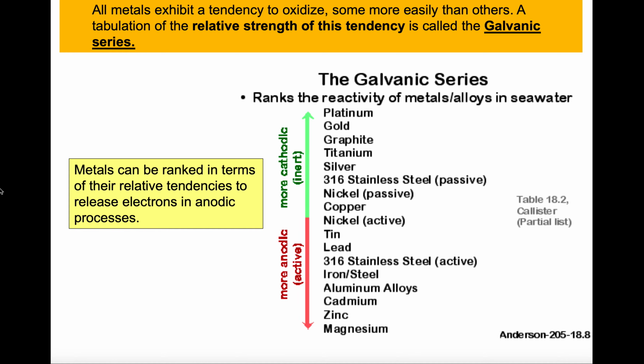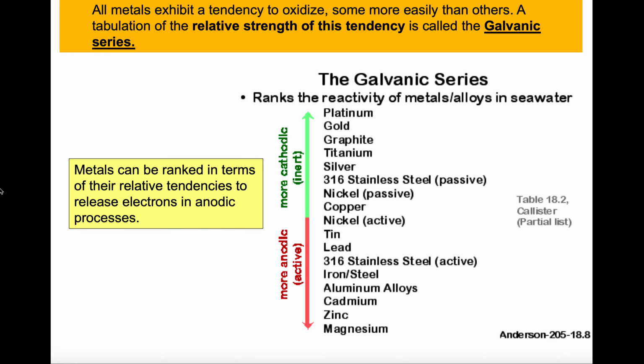This galvanic series ranks the reactivity of metals and alloys in seawater, which is the oxidation of these elements in seawater. The easiest way to look into this is to look at the tendency to lose electrons or to release electrons in an anodic process. If you look at the tabulation or the list of these elements, you can see it starts with platinum at the top and magnesium at the bottom.